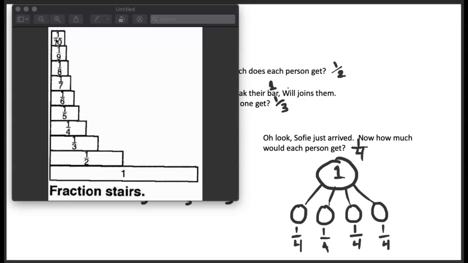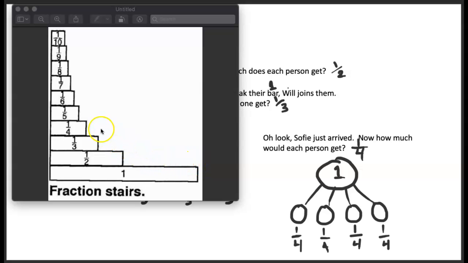But notice our stairs, our fraction stairs, right? This first step is real long, and then the second step is quite a bit shorter. Now the next step is a little bit shorter, and then smaller, right? And then smaller and smaller. And if you were really trying to walk up this, right?